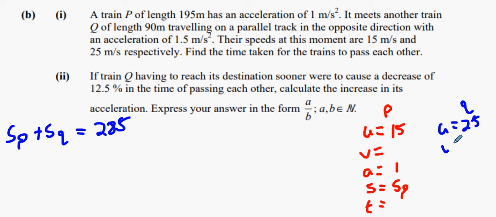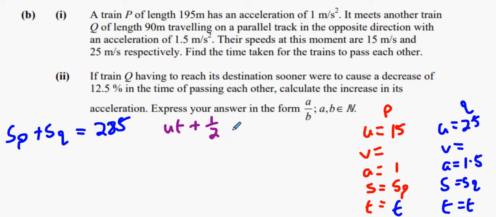V is I don't know. A is 1.5. S is SQ. And T is T. Same time frame, isn't it? Okay. Let's just use ut plus a half at squared. Okay. And we'll lob them in here.